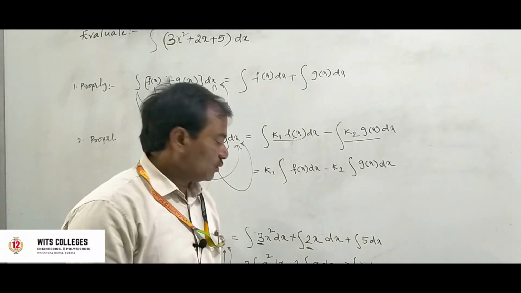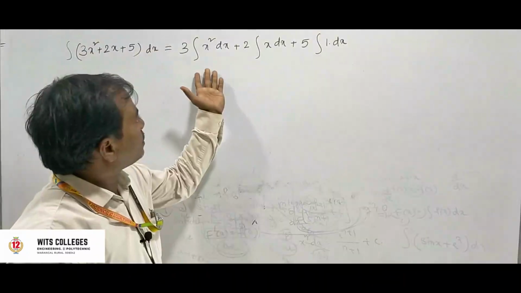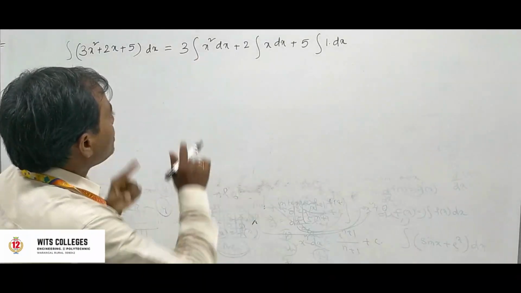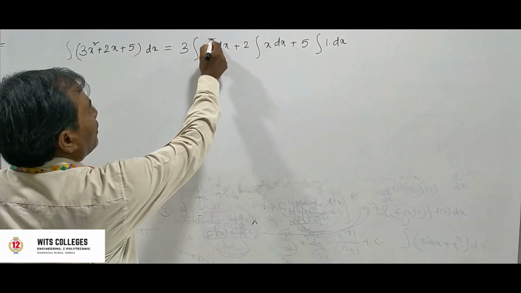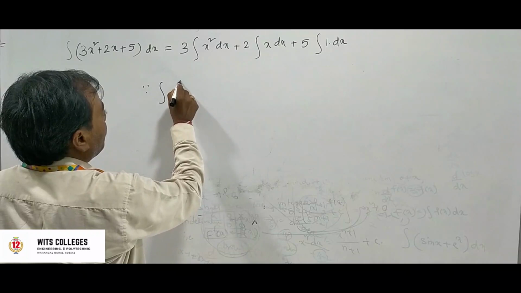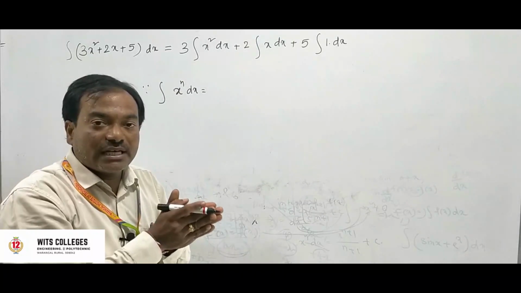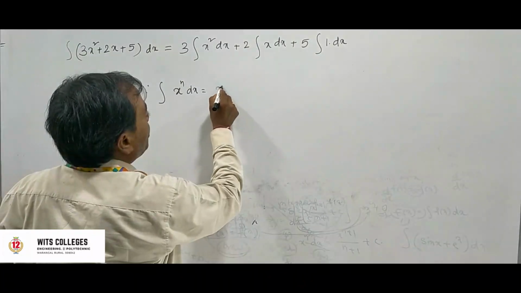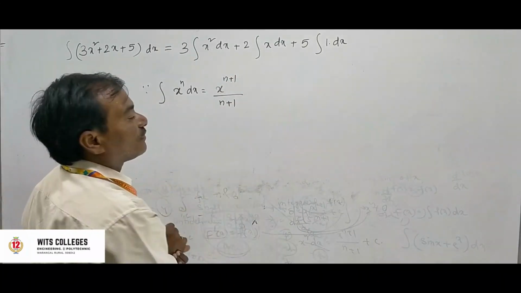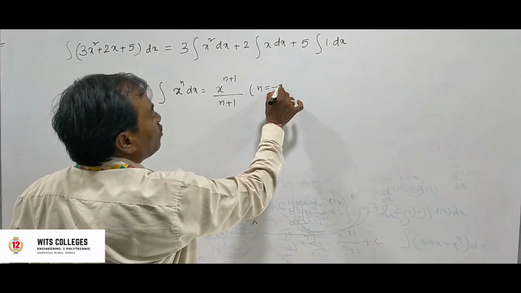This is the first step. Then we have to find the integral of each function, and we apply the suitable integral formula. This is in the form of integral x to the power of n dx. The formula for integral x to the power of n dx is x to the power of n plus 1 by n plus 1, which is true when n is not equal to minus 1.